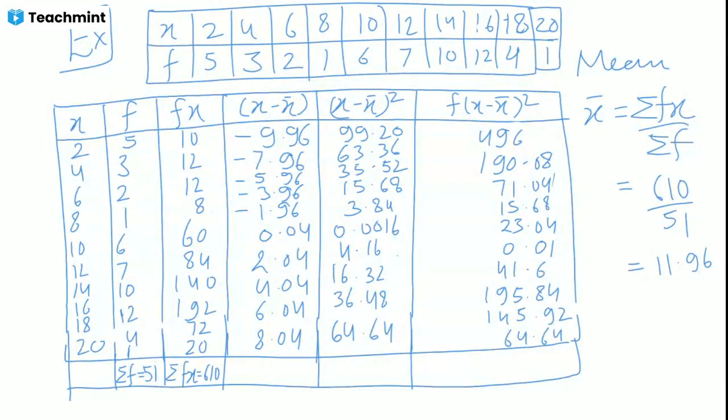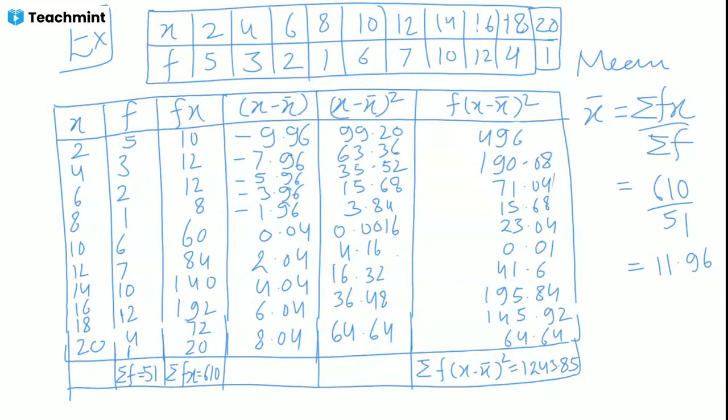So the summation of f into x minus x bar square is equal to 1243.85. Okay, we have this value.